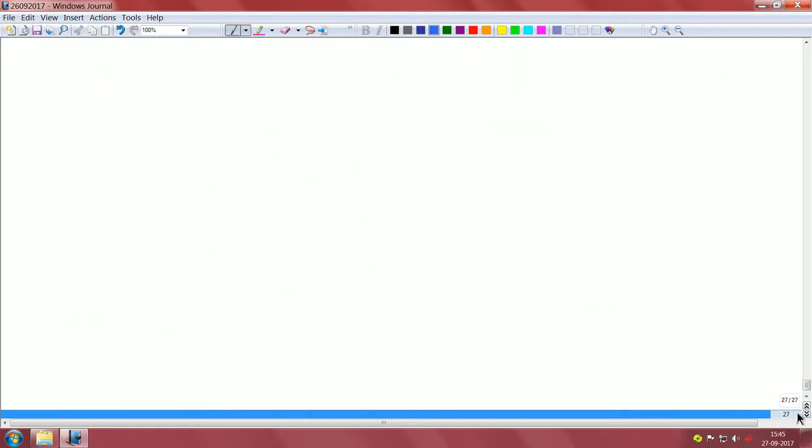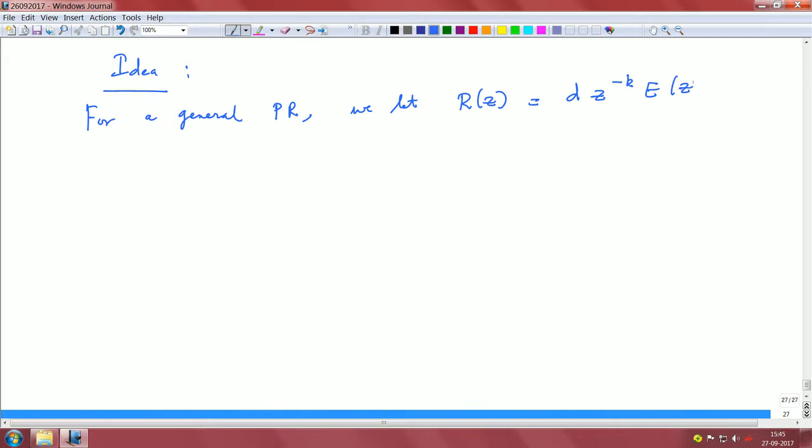Now, the idea in general is as follows. For a general perfect reconstruction, we let R of z to be some d z power minus k E of z.